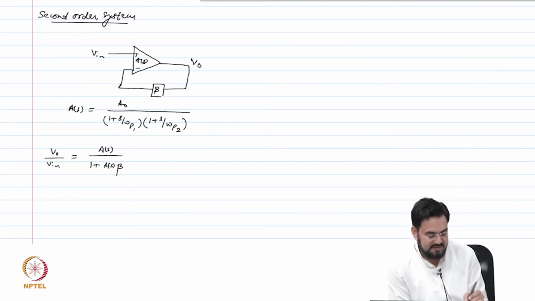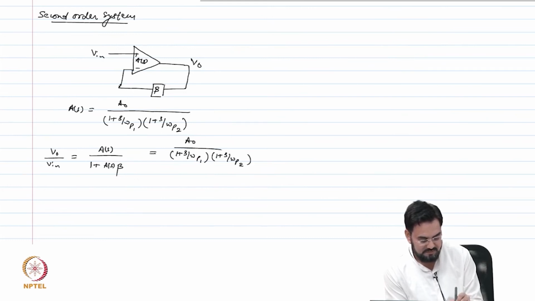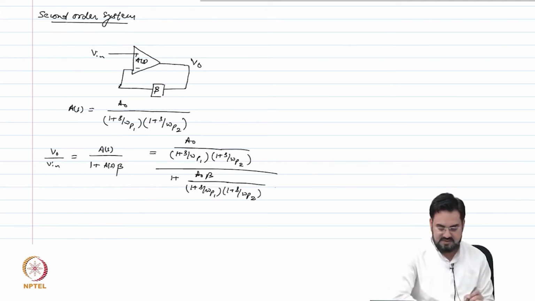So, we will substitute this A, A naught over 1 plus S over omega P1 into 1 plus S over omega P2, over 1 plus A naught beta over the same, and we will just try to solve this.